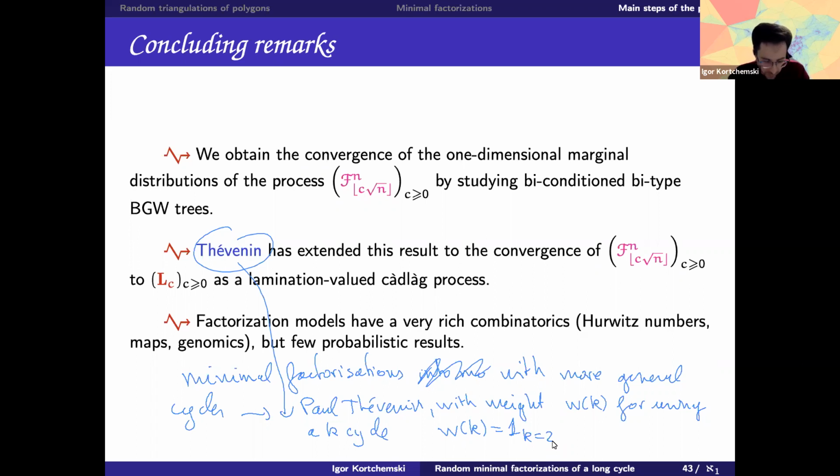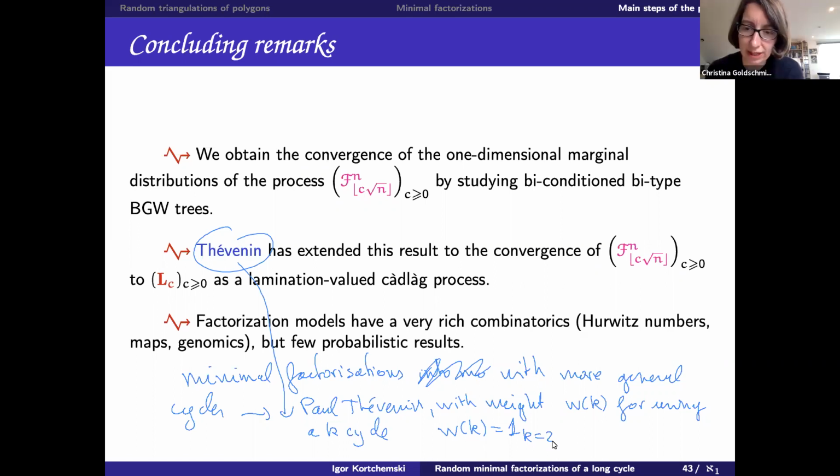And in a different direction, if you don't want minimal factorizations anymore, but you allow a small excess, this is also something that Paul, Baptiste Louf, and Valentin Féray are studying, to understand what happens in this case. Do you still get laminations? Do you get laminations, but maybe you add new chords which will cross, which will add crossings? So this is also something which has some nice things going on.